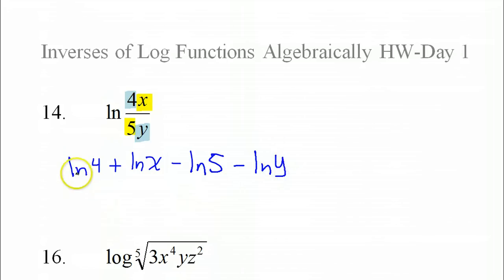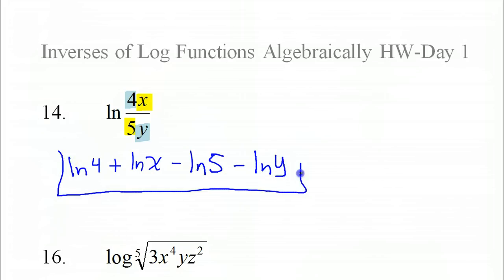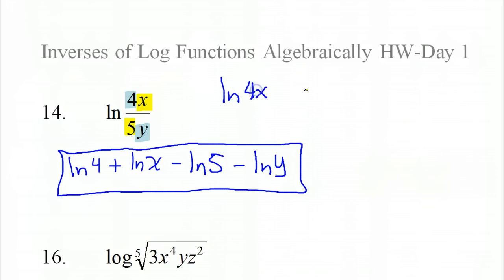So again, when you see something like this, don't just see 2 things. Some kids are doing this: natural log 4x minus natural log 5y. That's not wrong, but it's not finished. If you still have a product here, then these have to be split up.